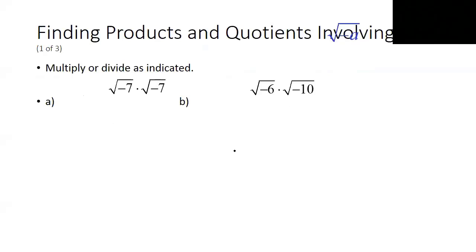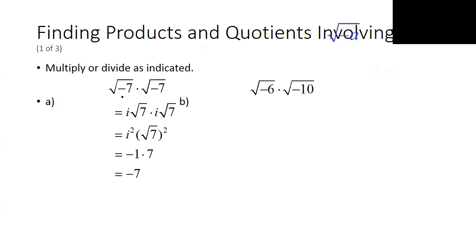All right, let's take a look at this. Find, multiply or divide as indicated. So here we have complex numbers to multiply. The first one, A, is square root of minus 7 times square root of minus 7. What we're going to do is pull the i's out of these. So this one would be minus 1 times radical 7, and this would be minus 1 times radical 7.